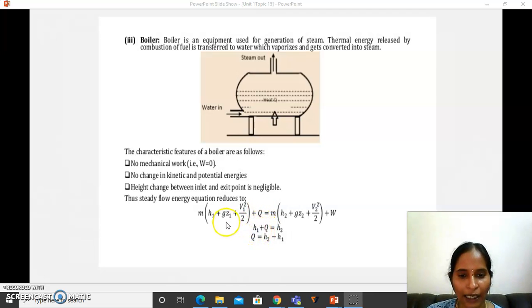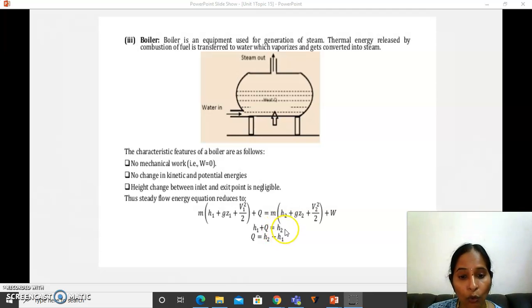Regarding the altitude and the velocities, if data have been given for various altitudes, you can apply them, or otherwise simply neglect the PE and KE terms. So finally you will get: Q, the heat supply, plus the initial enthalpy of water will become the enthalpy of steam.